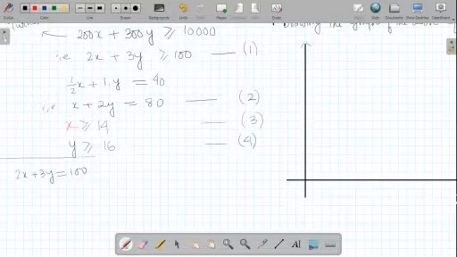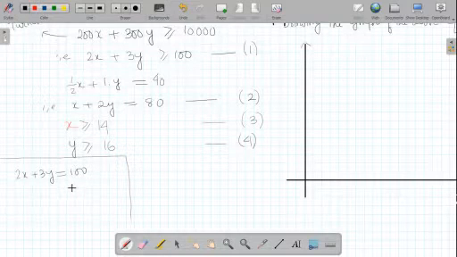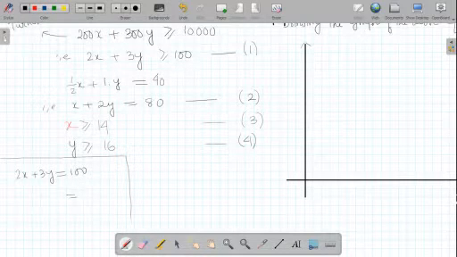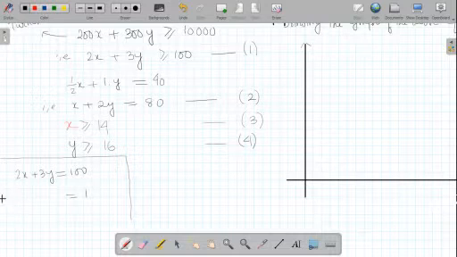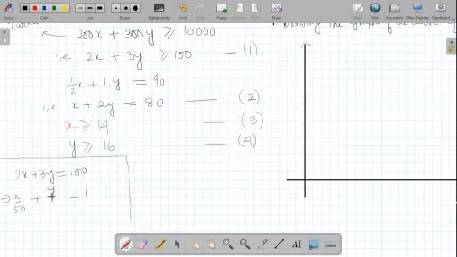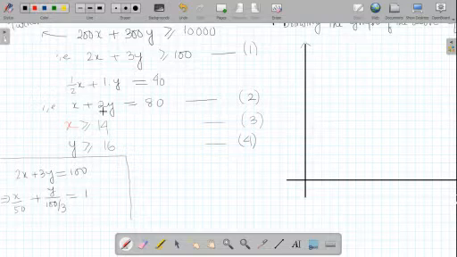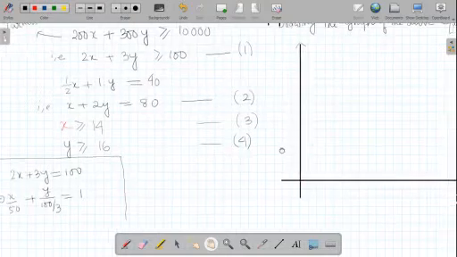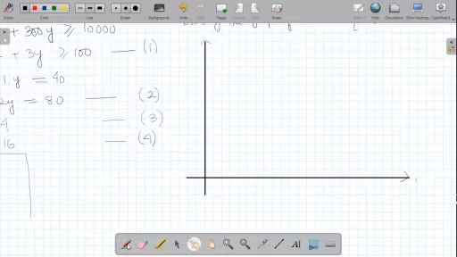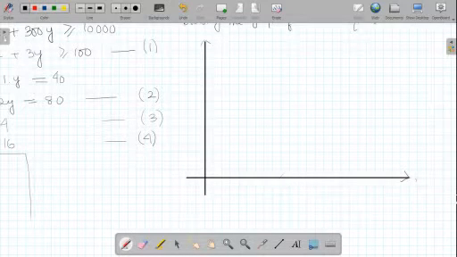Okay, so as usual the first equation, 2x plus 3y equals to 100. The constant term should be 1, so divide by 100, and it becomes x by 50 plus y divided by 100 by 3. I will draw the graphs here. X at 50, so let's say this is our 50.